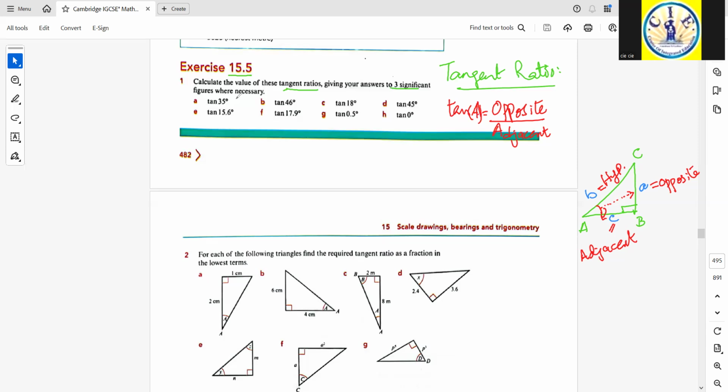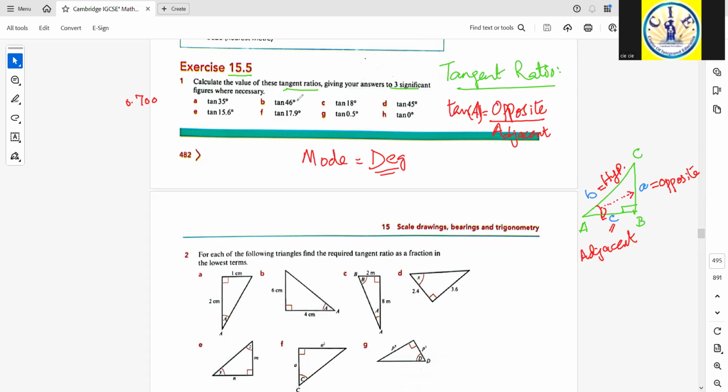You need to have the mode of your calculator set to degrees. Then tangent of 35 degrees is going to give us 0.700. Since we need to give the answer to three significant figures, this will be the answer.